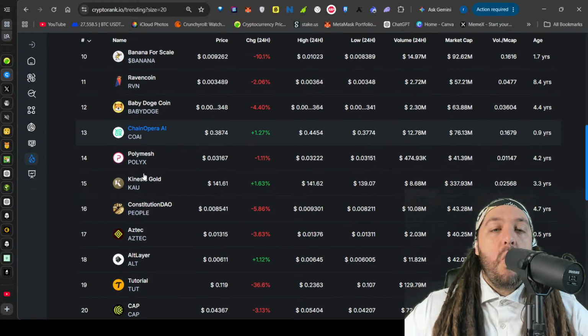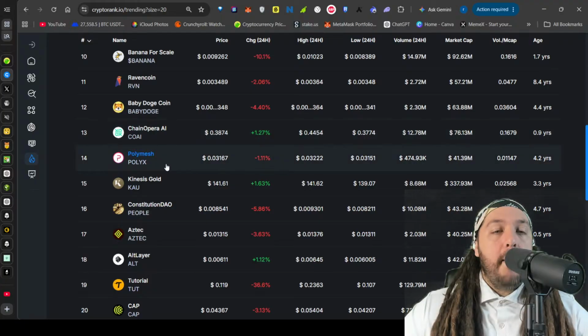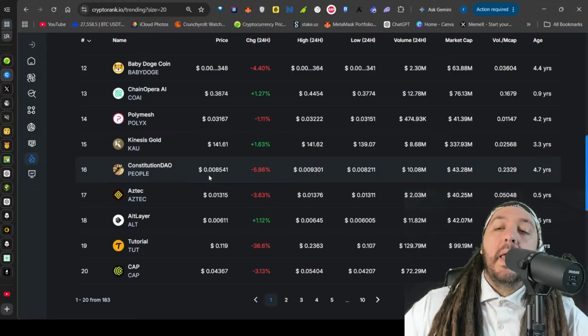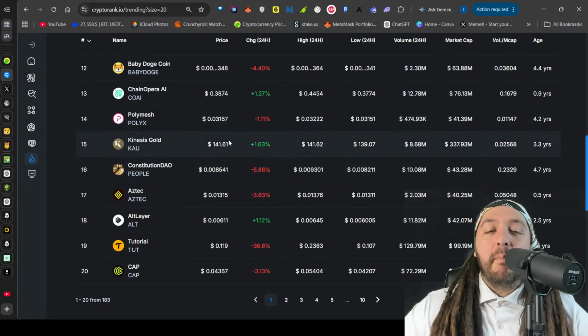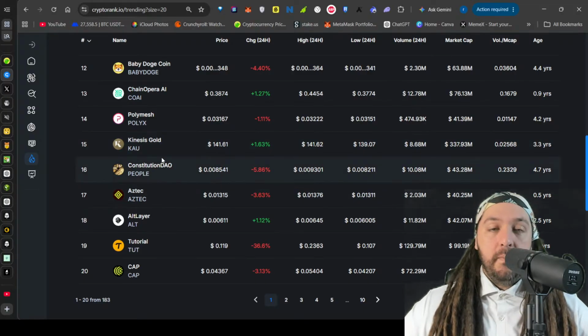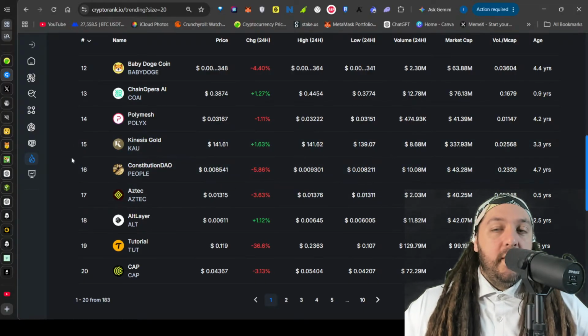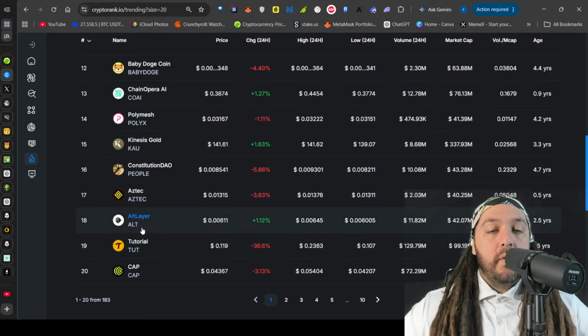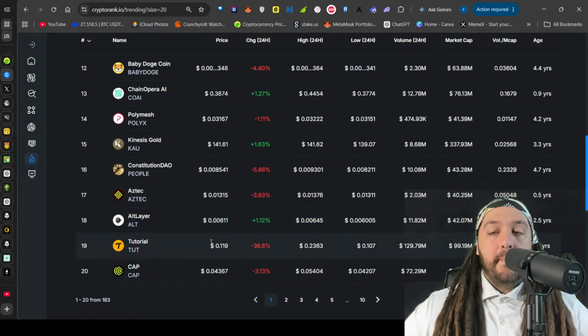Baby Dogecoin, the COAI, we've seen this thing pump and dump a lot. Polymesh, Kinetic Gold, Constitutional DAO, ticker People, has been around for 4.7 years. I remember they were trying to get enough money to buy the Constitution. I don't think the government was ever going to let them do that. Aztec, Alt Layer, Tutorial, and Cap.